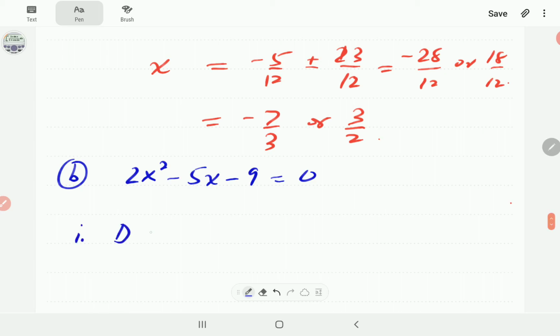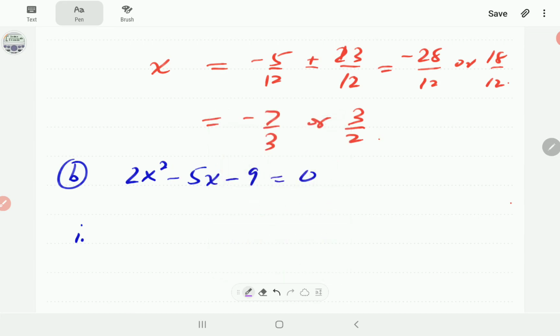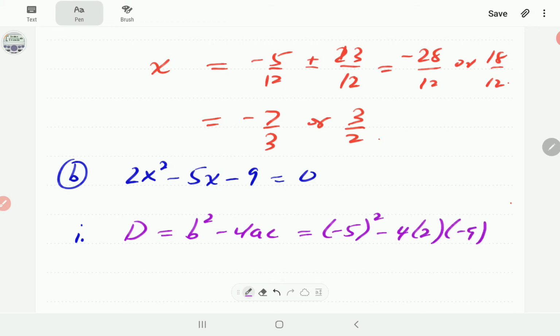In the first case, we're first going to check what the value of the discriminant is before we start trying to factorize. So for b squared minus 4ac, this is going to be negative 5 squared minus 4 times 2 times negative 9.